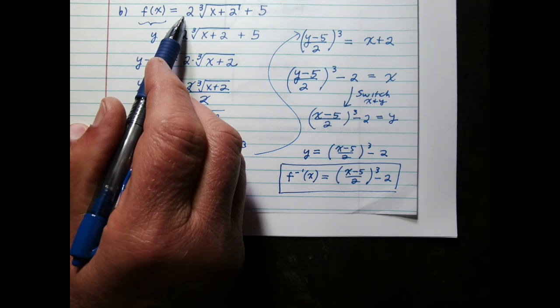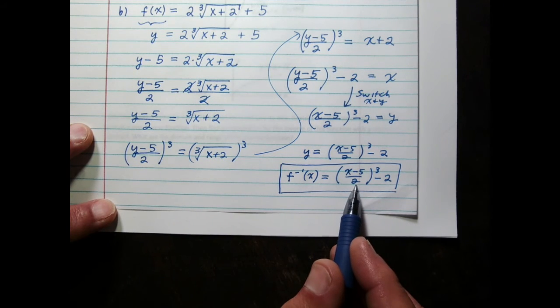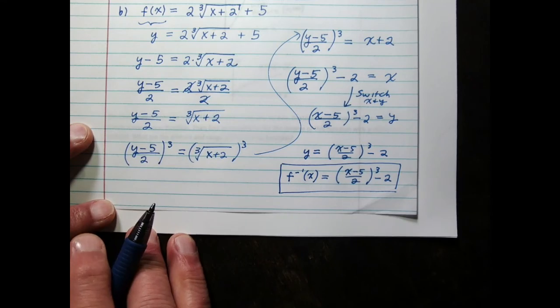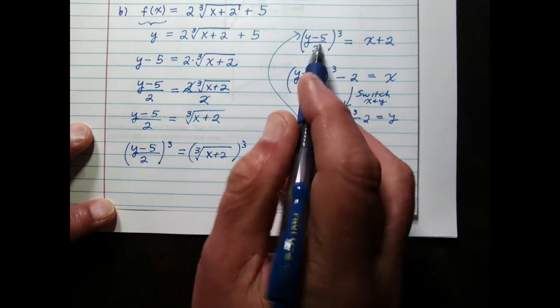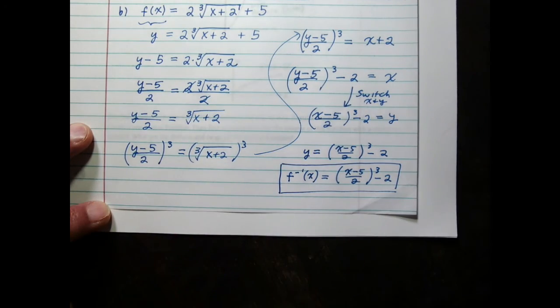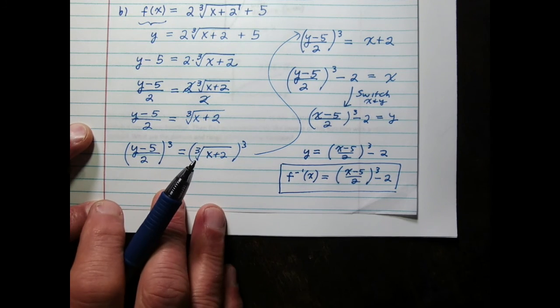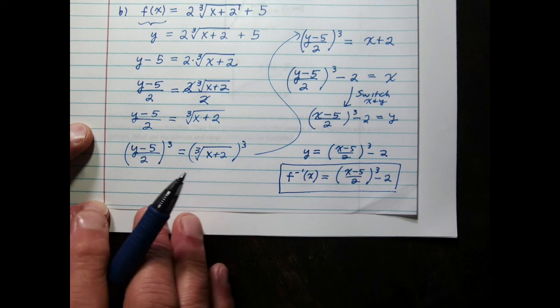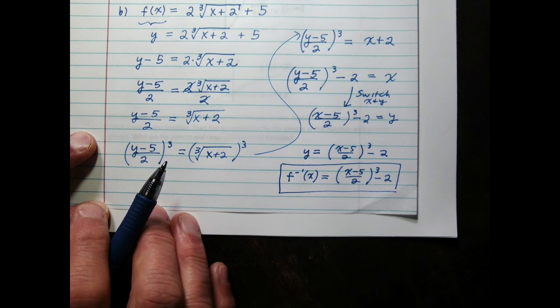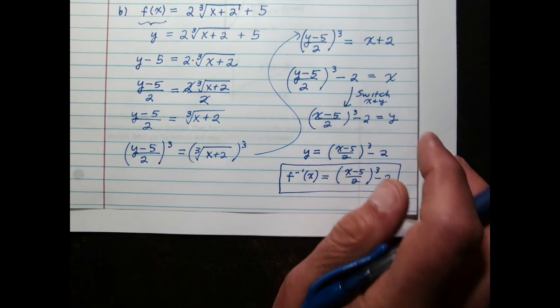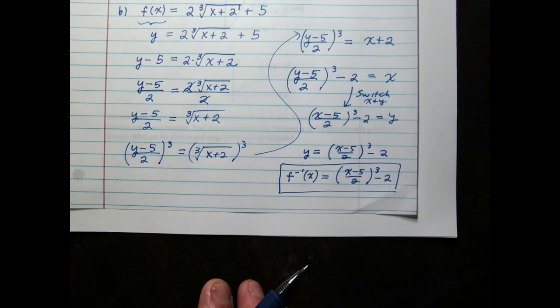There's multiplication by 2 here. There's division by 2 here. So the algebra of the steps is essential so that we get the order of operations correct. Getting the algebra correct is essential. So that's B, and I think I'm going to leave C for the next video segment. So we've done 2, we've got 1 more to go.